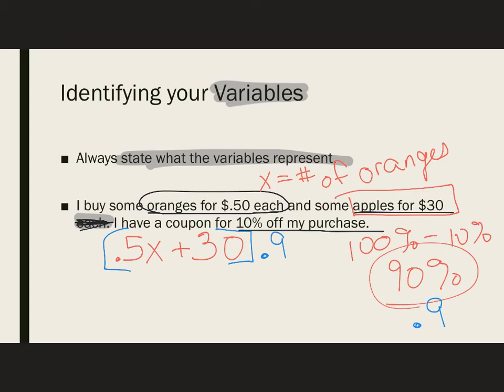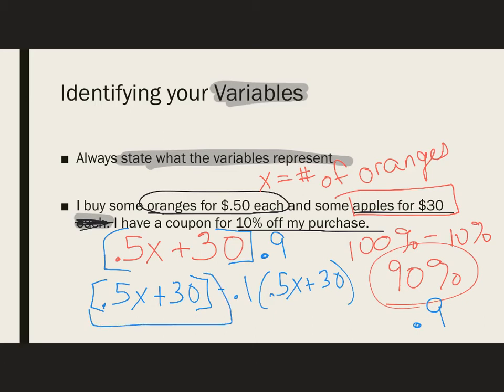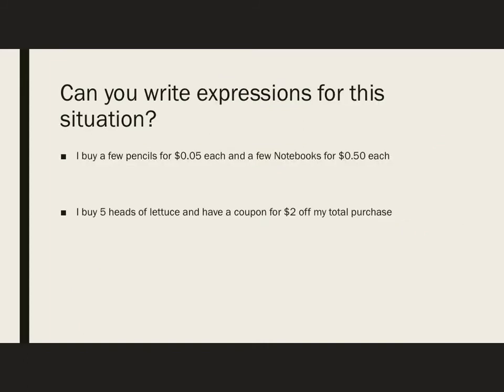That will give me the amount I pay. I could also write it as 0.5x plus 30 minus 0.1 times 0.5x plus 30. In this case, I see my original cost here and my discount 10% there. Either way is correct.